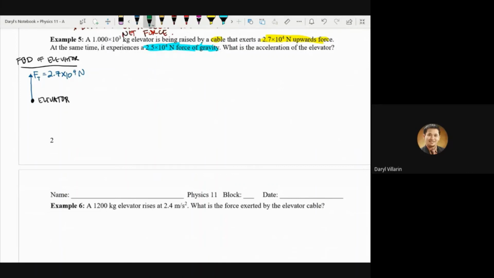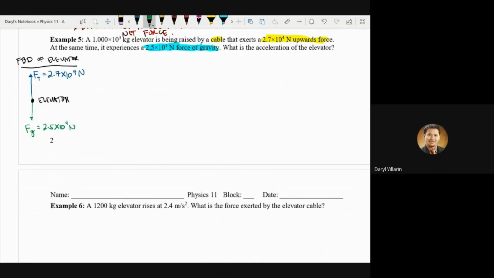So we know that gravity is always directed downward, so there must be a downward force. And this is Fg, which is equivalent to 2.5 times 10 to the power of 4 Newton.